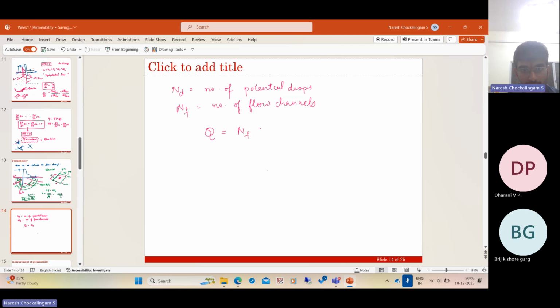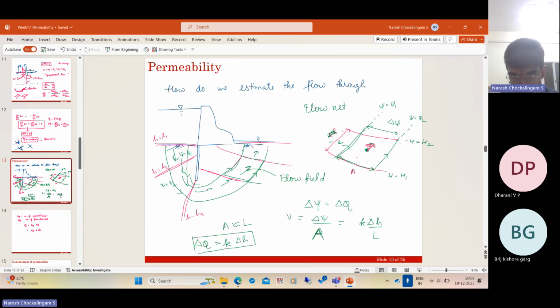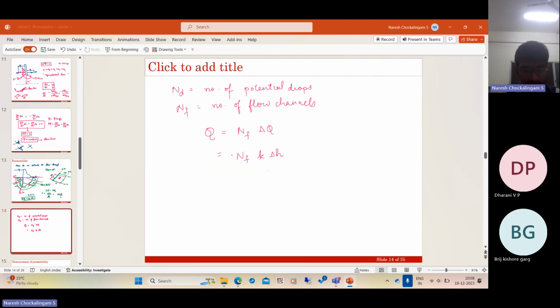In this case, the total flow, which is the total loss due to seepage from the dam, from one channel is delta Q, from NF channels it is delta Q times NF. But what is delta Q? It is K times delta H. What is delta H? Delta H is the loss between two successive equipotential lines. But there are n such drops, right? This is 1, 2, 3, 4, 5. In this case, the number of drops is 5.